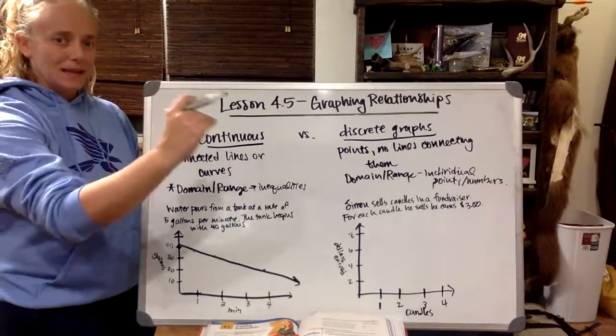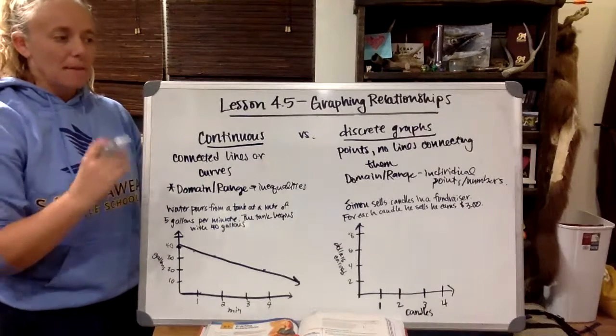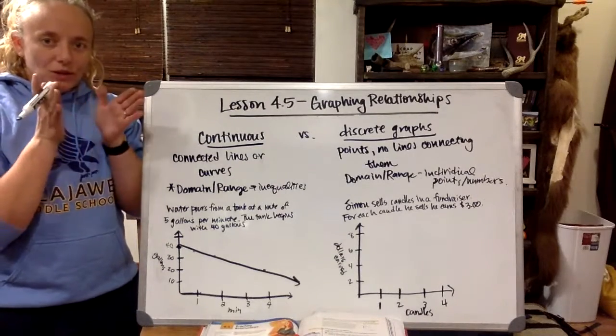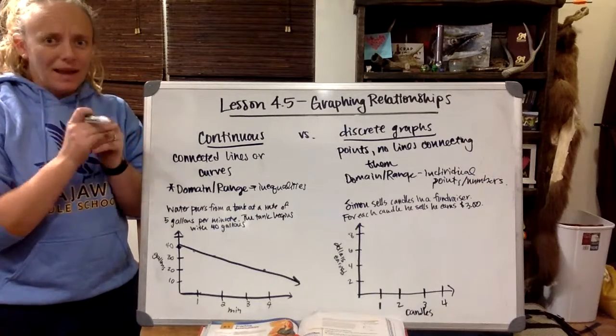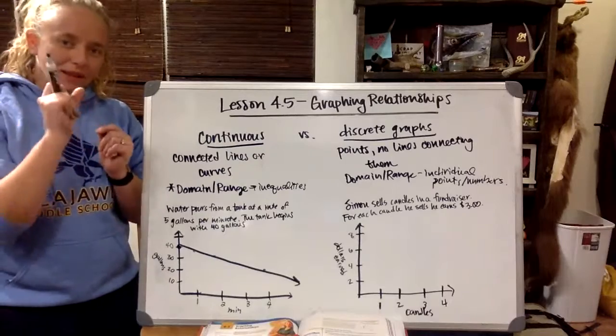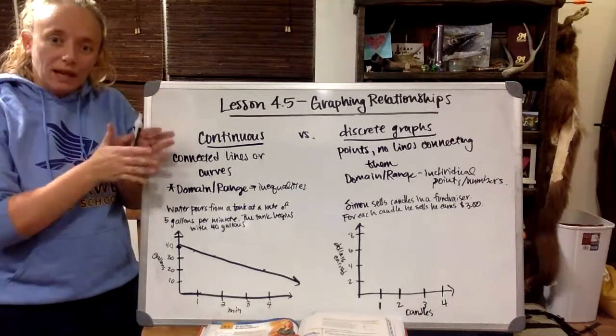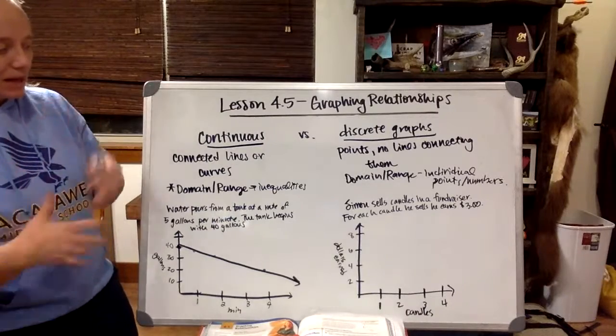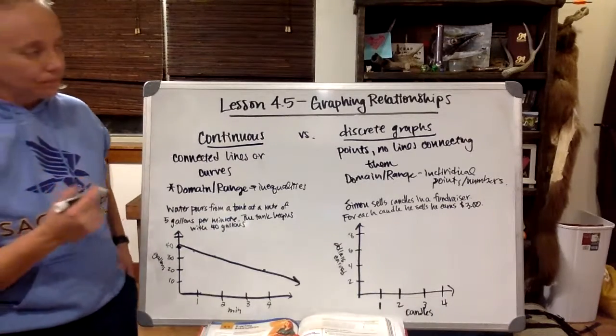Sure, you're staying the same at certain points in time, but if you went from no speed to 60 miles an hour, you wouldn't be able to do it in just one split second. It happens over time. So even speed can be a continuous sort of graph too.